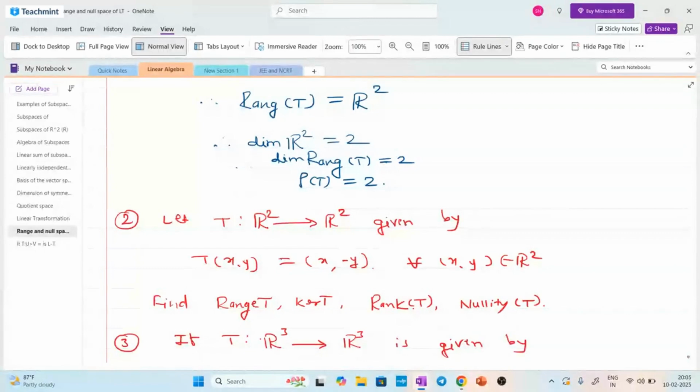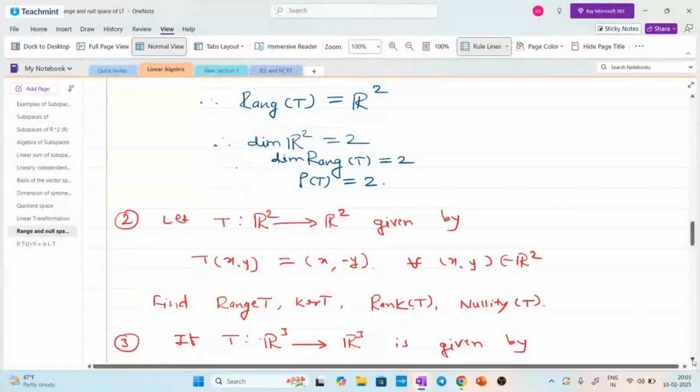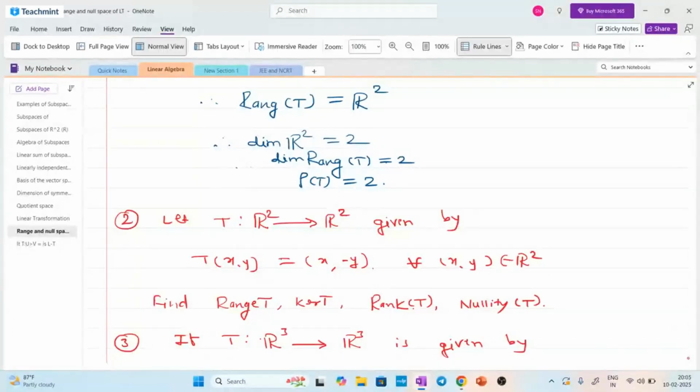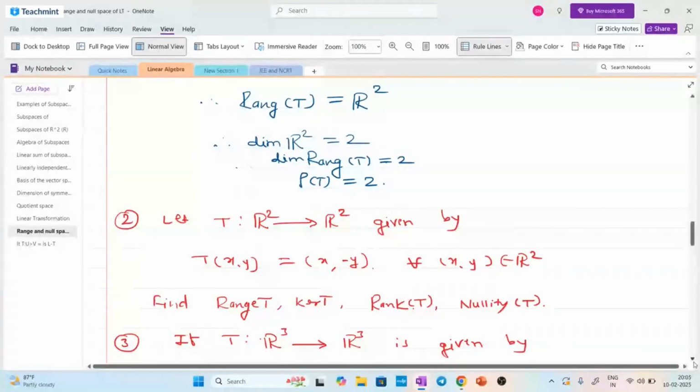And we will solve this example by using the rank nullity theorem. I will solve the same example using the rank nullity theorem. Then first we discuss what the rank nullity theorem is. Now see example number 3.